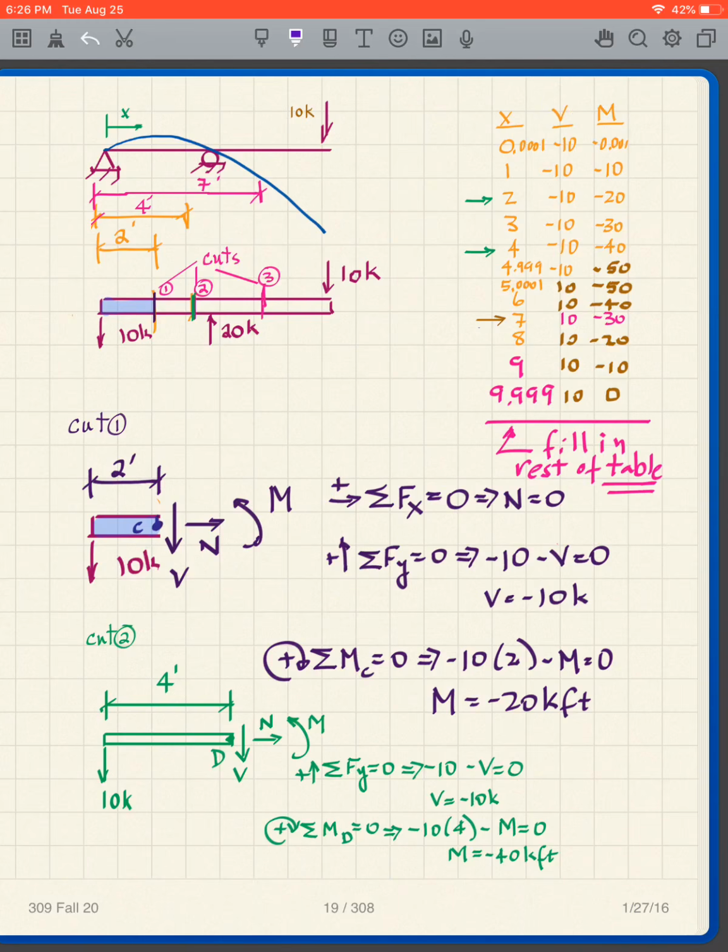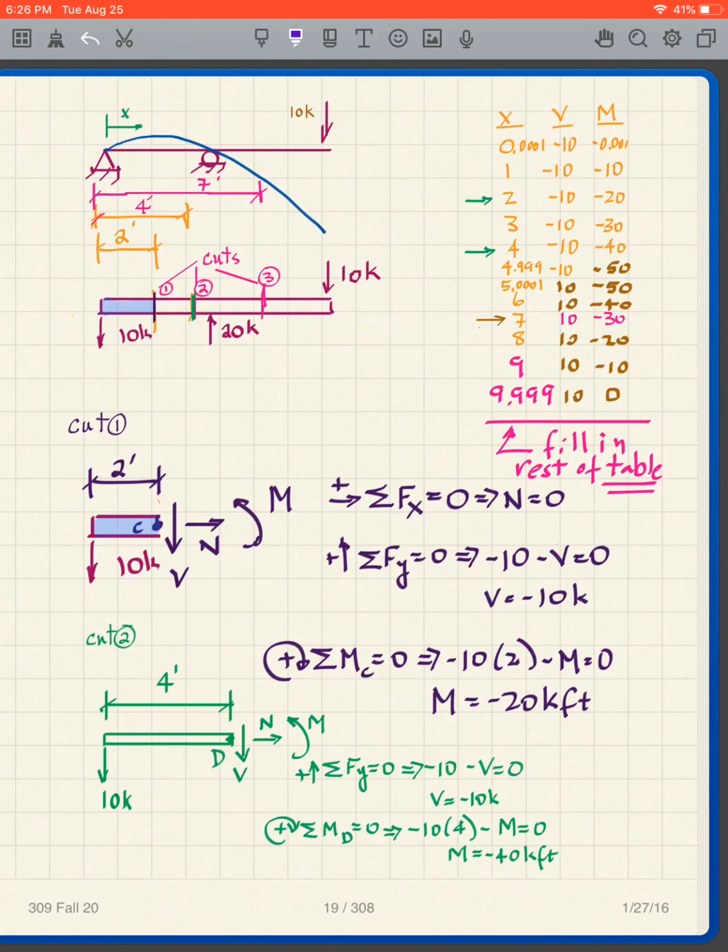By logic, even when x is 0.0001, I get negative 10. At 1, 2, 3, 4, I get negative 10. At 4.99999, I still get negative 10 because I'm not quite to the roller. The roller's at 5, so I have the same free body diagram all the way to 4.99999. So those are my values of V, negative 10.